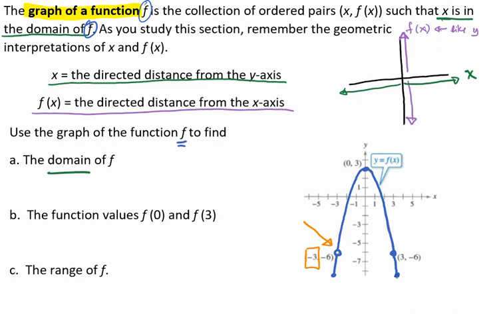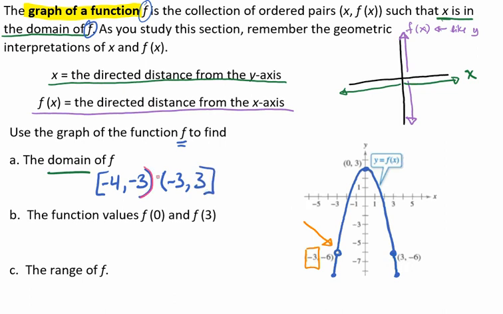So this tells us that our domain is going to include -4 to -3, but it doesn't include -3. And then it's going to go from -3 all the way over to +3, and it includes +3.